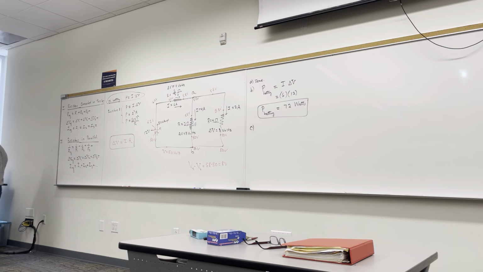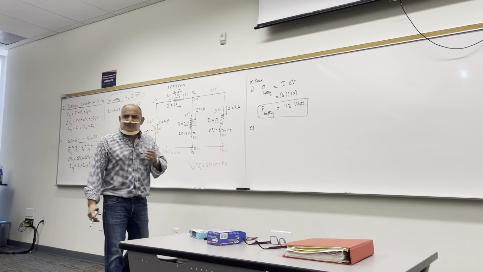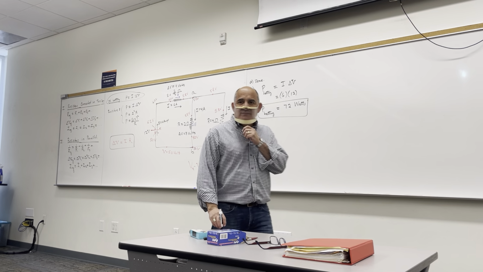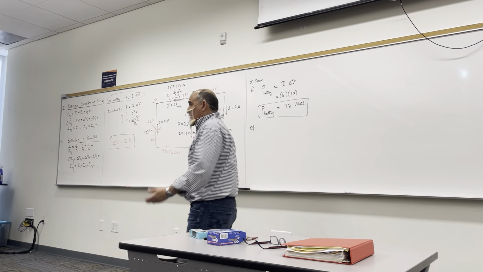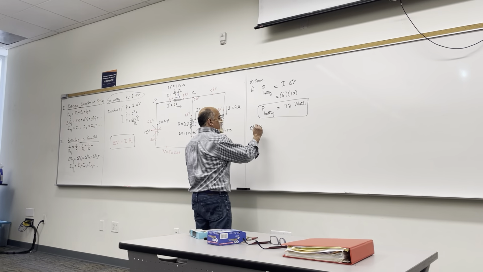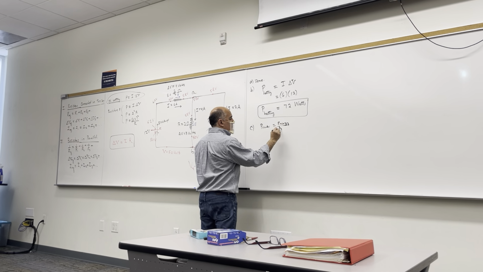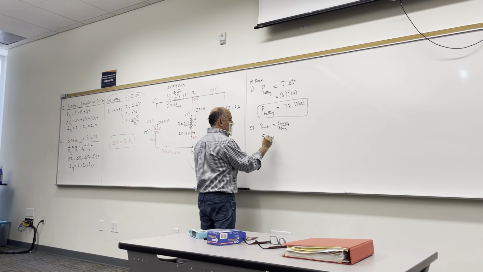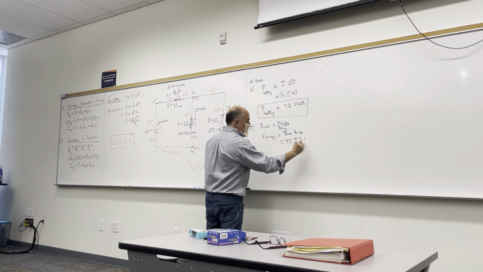Next question. What is the energy supplied by the battery in 5 seconds? How do I find that answer? Multiply. If I know how much it supplies in 1 second, which is the power, then in 5 seconds you just multiply that by 5. It's like this formula: power equals energy over time. People like to memorize formulas. So the energy is the power multiplied by the time: 72 joules per second times 5 seconds.